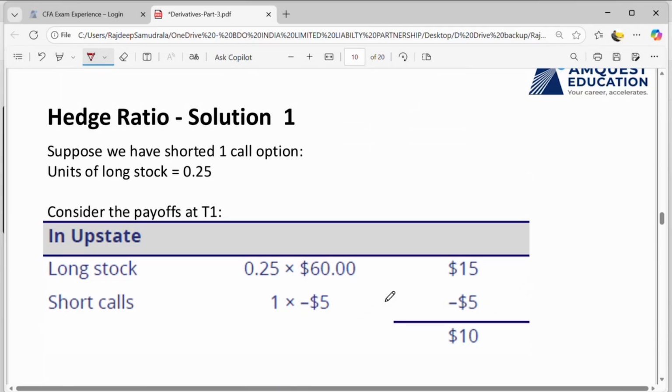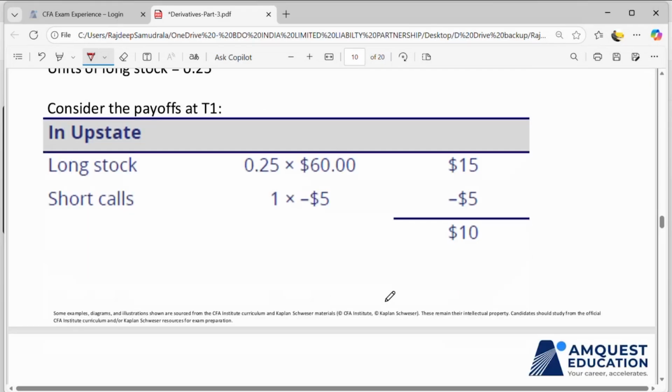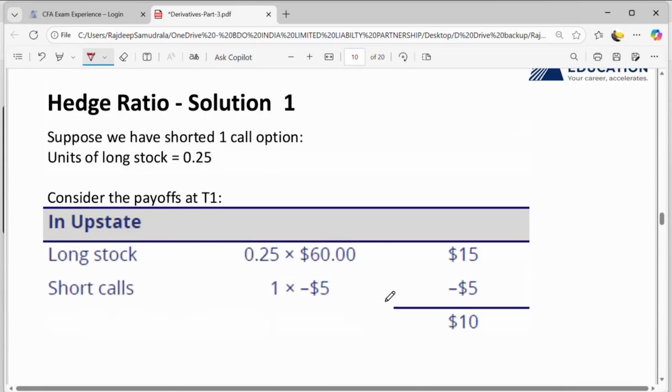Let's say you actually ended up longing 0.25 shares and you sold one call. 0.25 to one call. Now look at what happens. If the share price goes up, it becomes 60. You can take 1:4, meaning I will long 1 and sell 4, but for now it's 0.25:1.